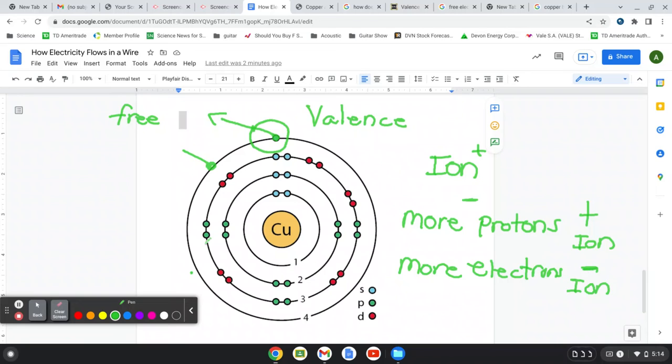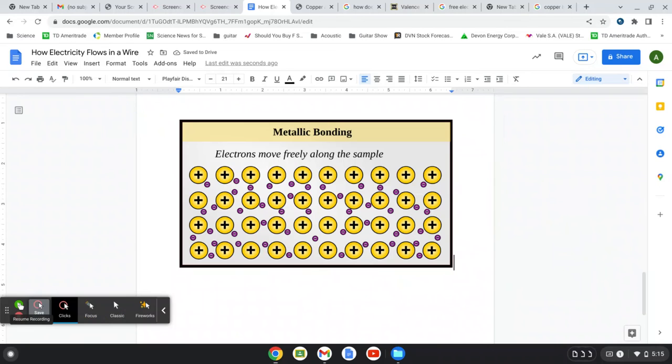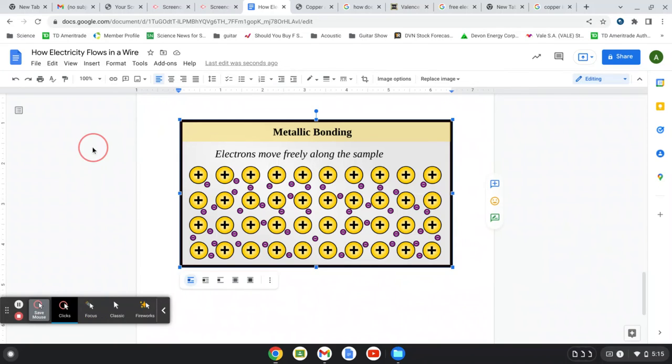So if we go back again, what's happening in our diagram? As you can see, all these copper ions are now positive ions. They're positive because they lost an electron, and the electrons that they lost are these free electrons, and they're all over in metallic bonding. So all we need is chemical energy from the battery to come in.